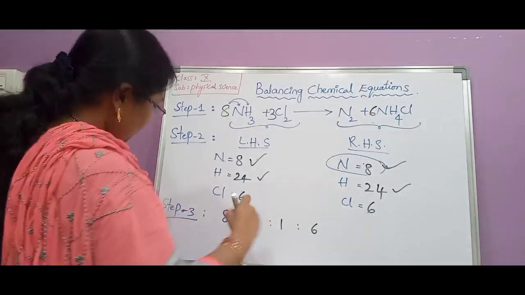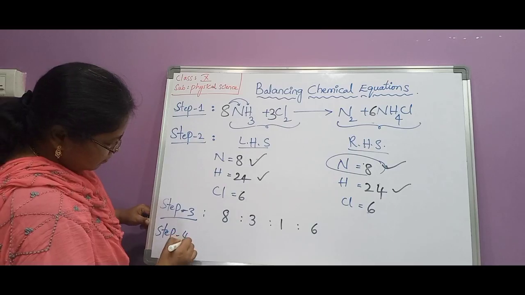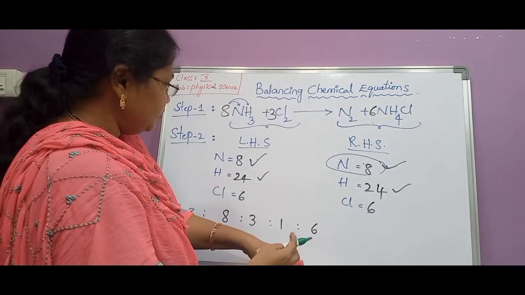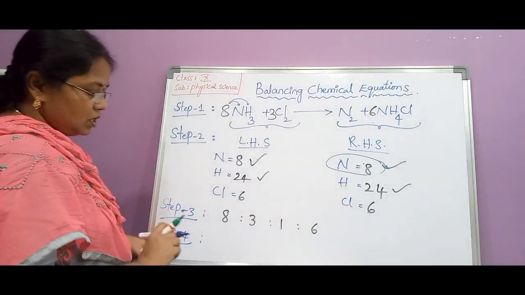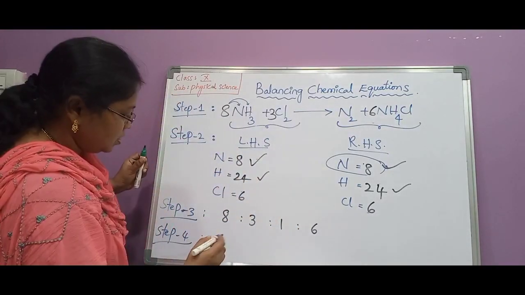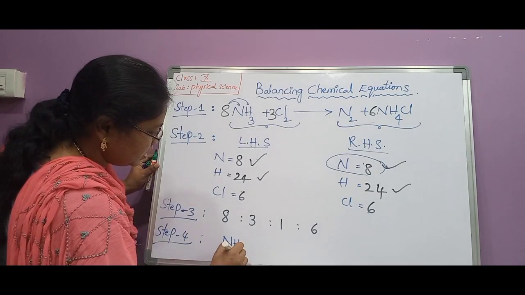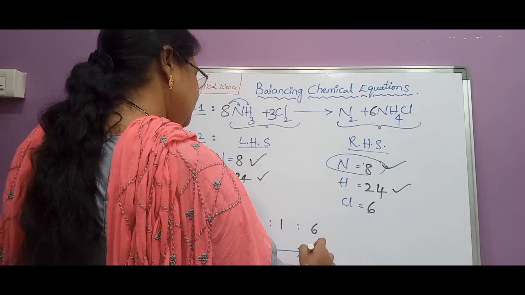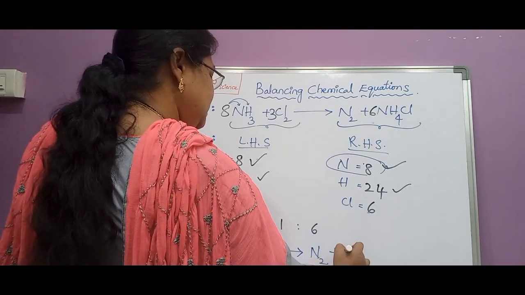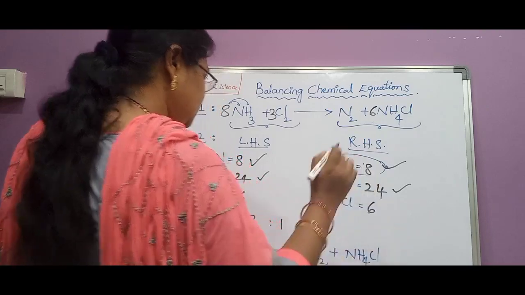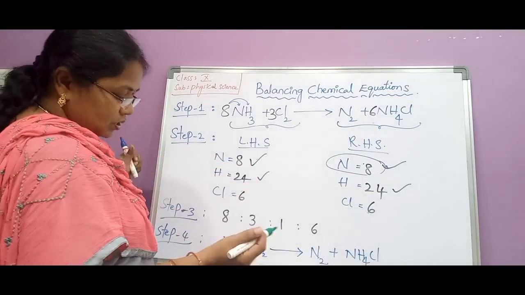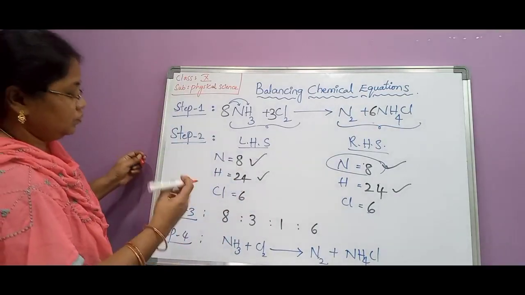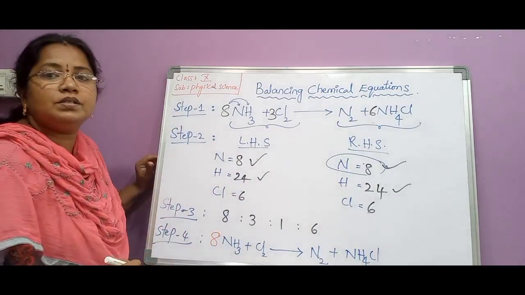In the fourth step, what we have to do is final verification. Once again we will write the equation and check whether it is balanced or not. NH3 plus Cl2 gives N2 plus NH4Cl, like this. After writing the coefficients, you can write them with a different color pen so that it will be easy to see.